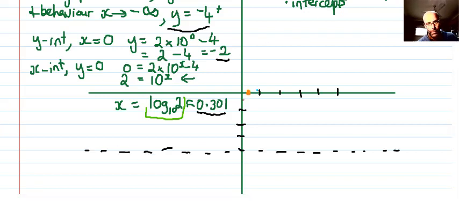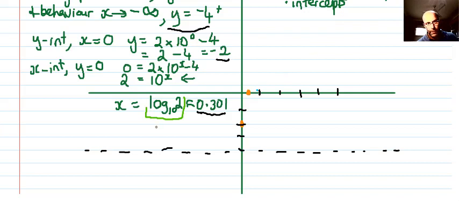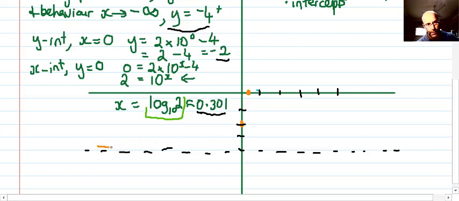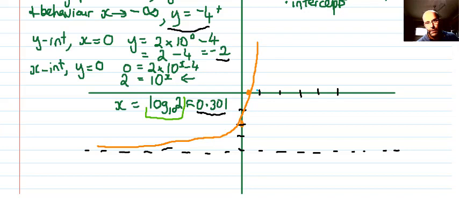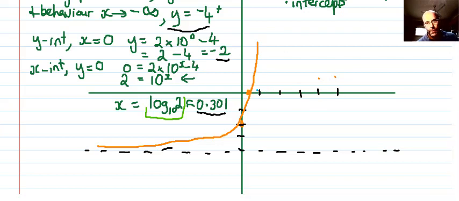Okay, so I put in the x-intercept there at 0.3, it's rough, and the y-intercept at -2. And now we can draw our line in. So here we go. It's got to go through those 2 points and then approach. And it will look different depending on what scale you've used. You could spread out the increments here and make it a little bit easier to sketch if you like. So whenever you sketch, remember to use justification.